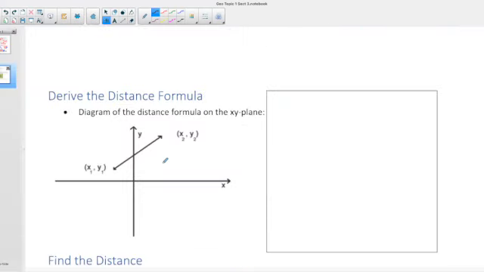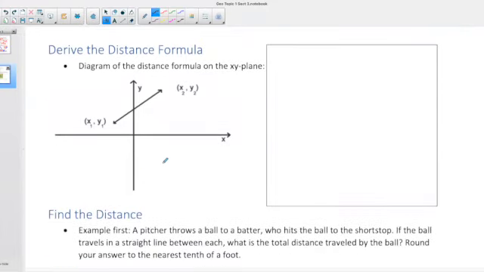We're going to use some algebra to derive the distance formula. So let's say that we have random numbers, and to represent those, we use X and Y. So we have X1, Y1 on this diagram, and that's a point. And we have X2, Y2, that's another point.